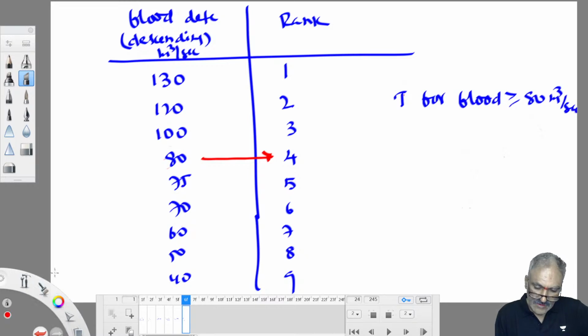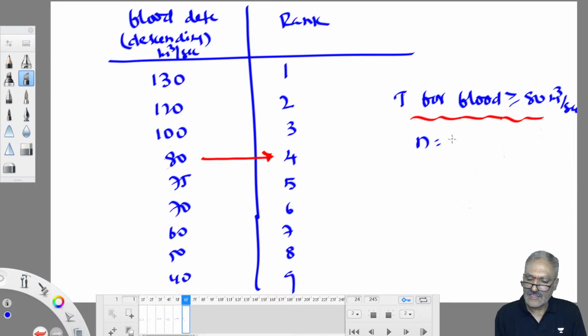Okay? So how many data are there? Total data, how many years of data? 1, 2, 3, 4, 5, 6, 7, 8, 9. 9 years of data. Therefore n is equal to 9. Rank for 80 meter cube per second is 4.